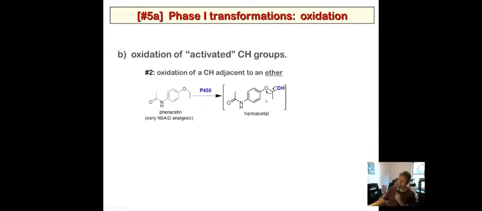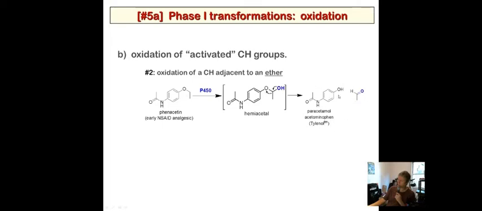So P450 oxidizes the carbon, and then you have this. If it was called a hemiaminal with nitrogen, this is called a hemiacetal with oxygen. And then this just falls apart. It cleaves, oxygen swings down, kicks this thing off, and now you're left actually with Tylenol.